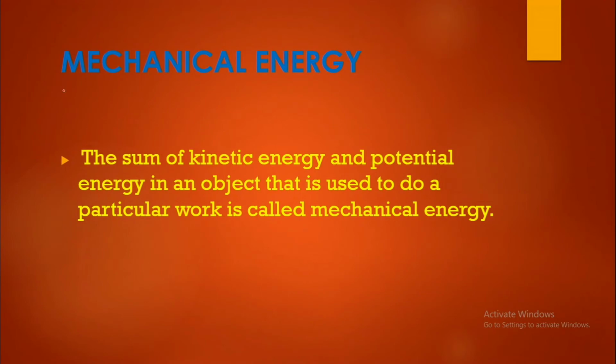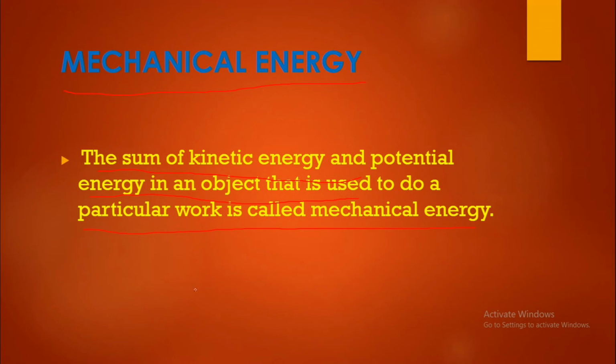Now, what is mechanical energy? This is a small topic in class 9th, but in further classes we will study this more briefly. The sum of kinetic energy and potential energy of an object used to do a particular work is called mechanical energy.